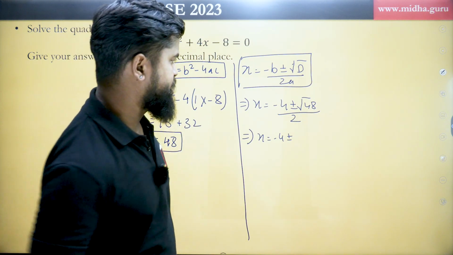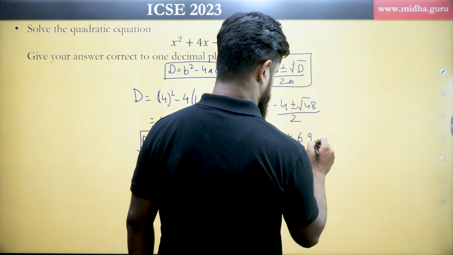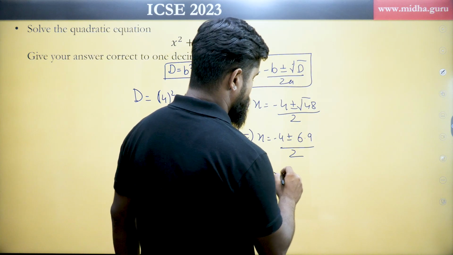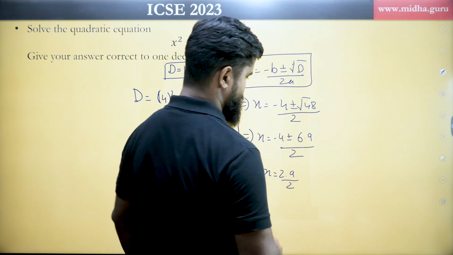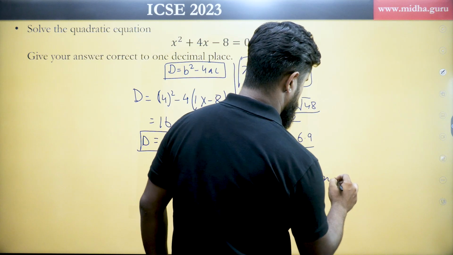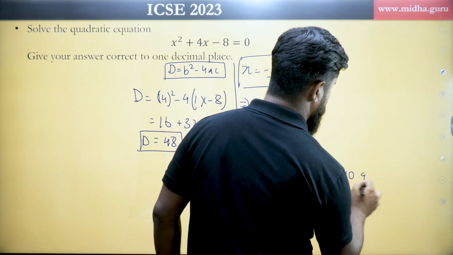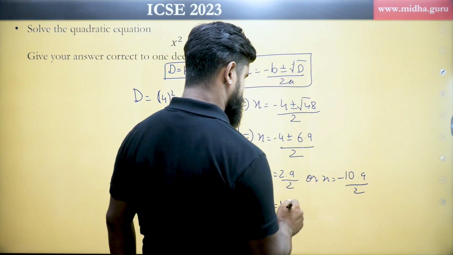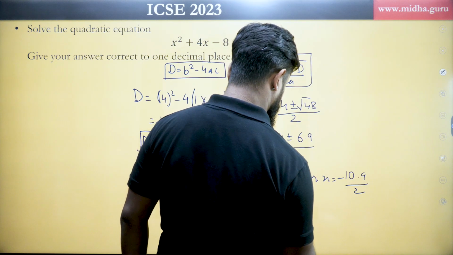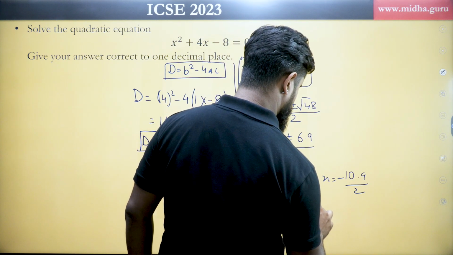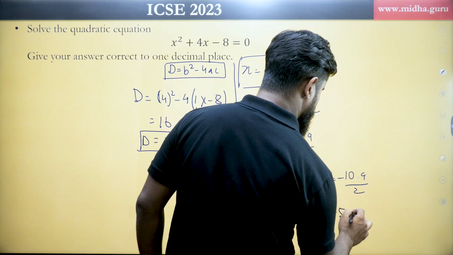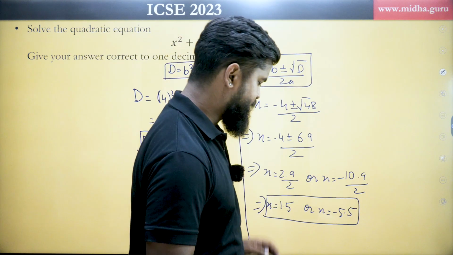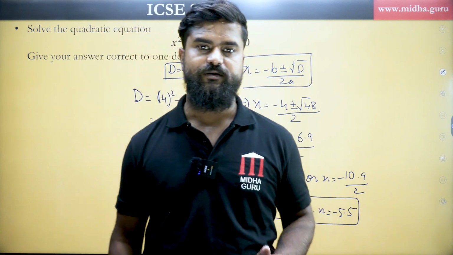Now we see that the square root of 48 is 6.9. The minus 4 plus 6.9 would give us 2.9 by 2. And minus 4 minus will give us minus of 10.9 by 2. So x will be equal to 1.45, which will be rounded off to 1.5, or x is equal to minus 5.5. So rounded off to one decimal place, the values for x will be 1.5 or minus 5.5.